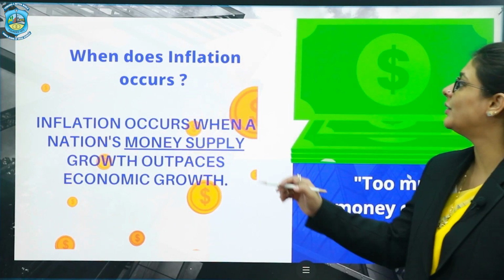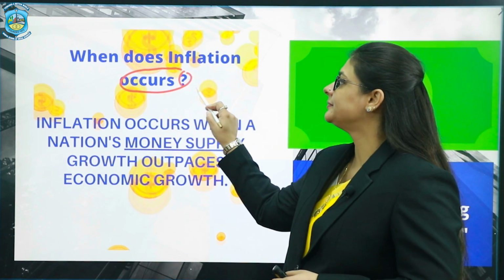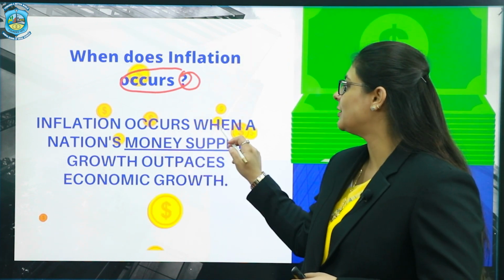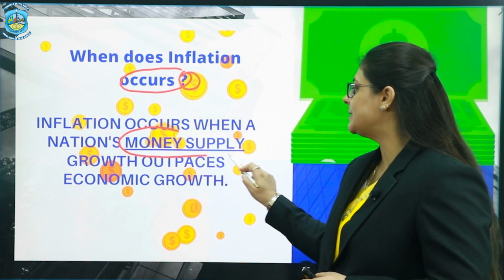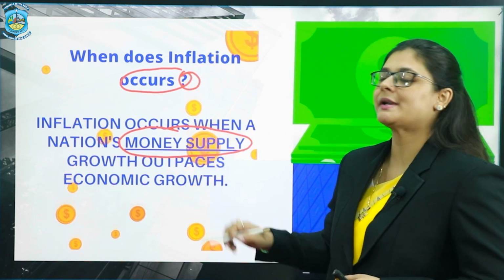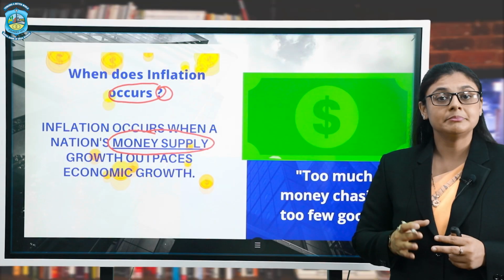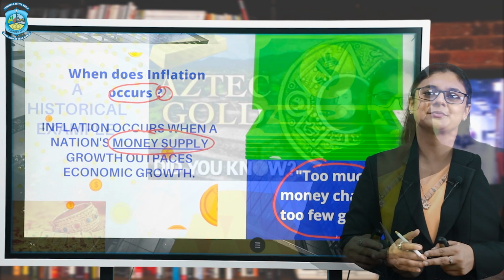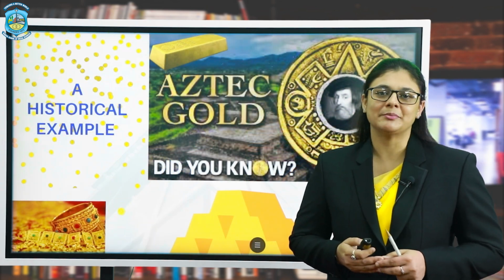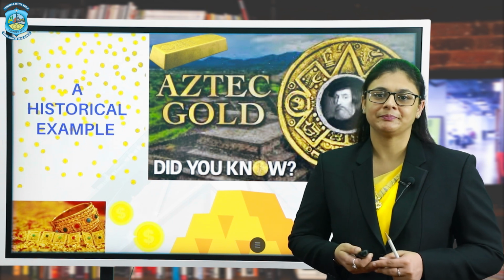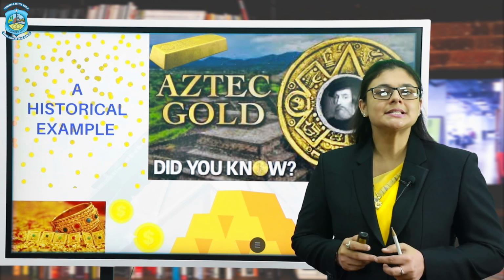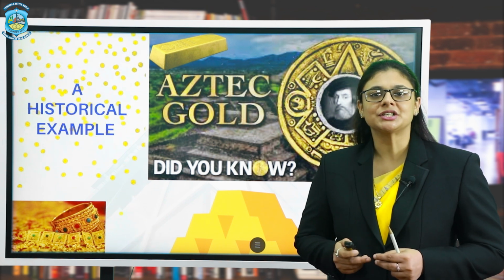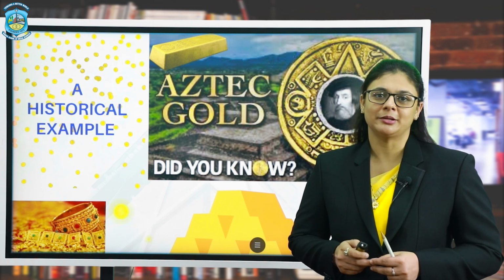Now the question is, when does inflation occur? As we mentioned in the previous slide, inflation occurs when a nation's money supply growth outspaces economic growth. That means too much money chasing too few goods. Now let's take a historical example to understand this better. Theoretically, monetarism is a popular theory that explains the relation between inflation and the money supply of an economy.